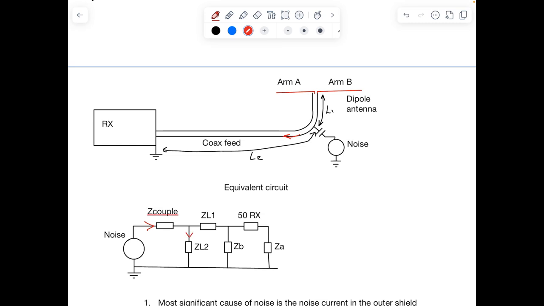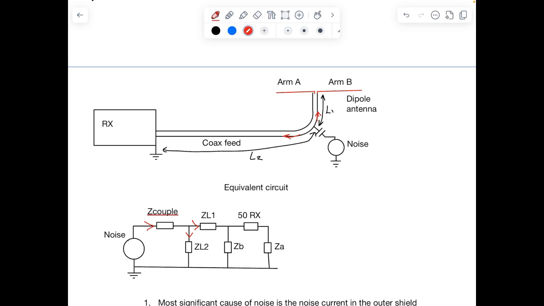And the other current will flow upwards towards the antenna, and that will have a different impedance, arbitrary, we don't know what it is really, but that's dictated by the impedance there.